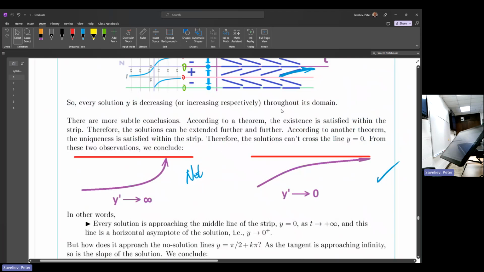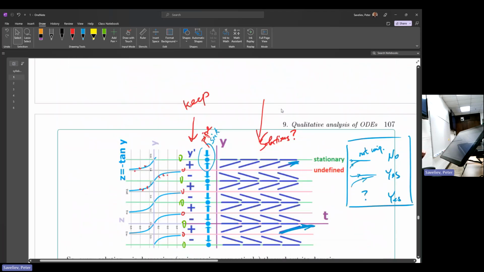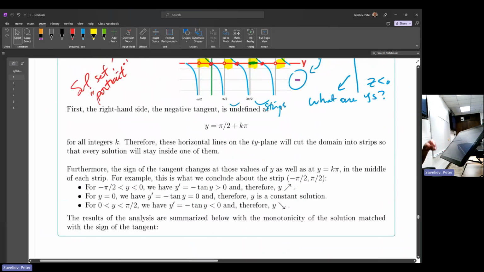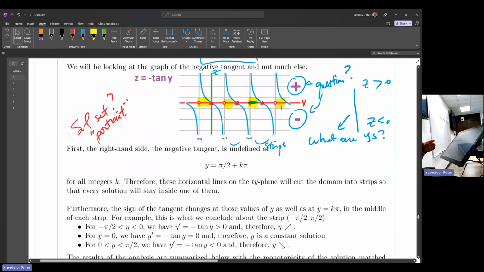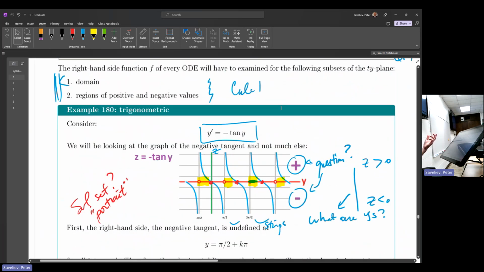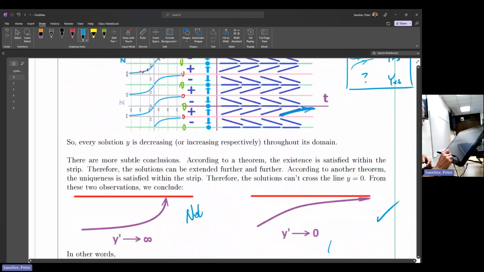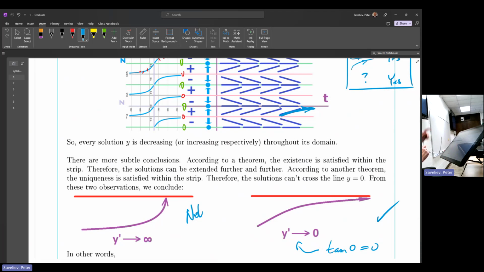It's not y, it's y prime. What is the limit, not of y, but of y prime, as we approach the x-axis? And the answer is, what's tangent of 0? Tangent of 0 is 0. So y prime is approaching 0. It flattens out in the horizontal direction. That's why we reject this possibility on the left.